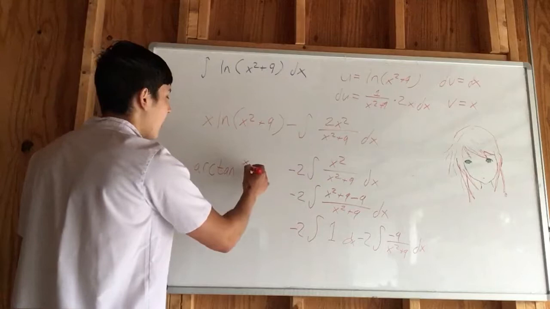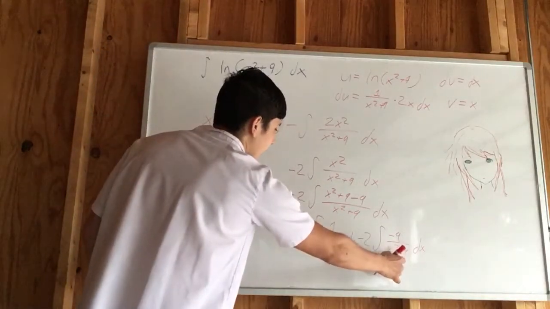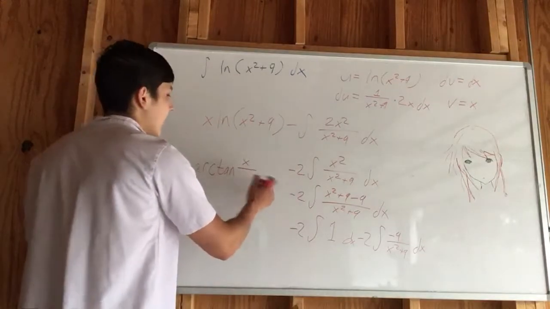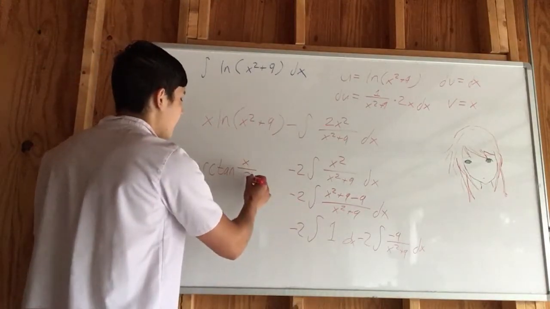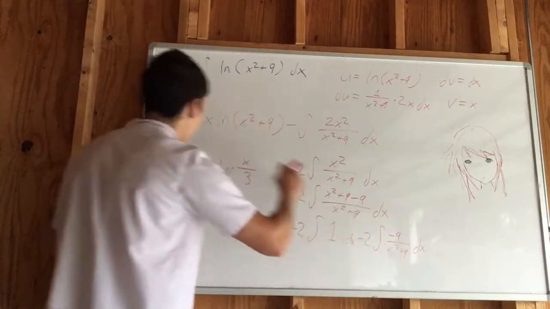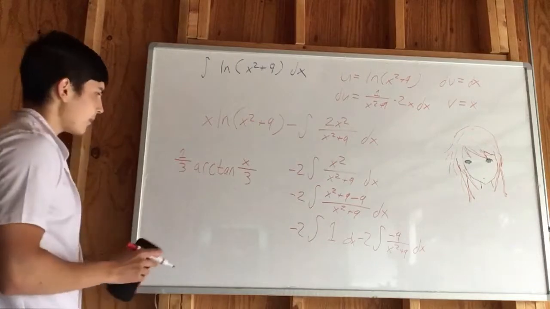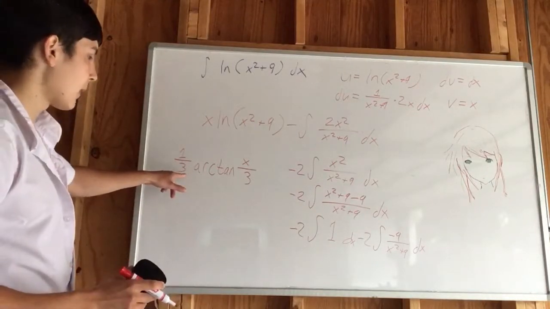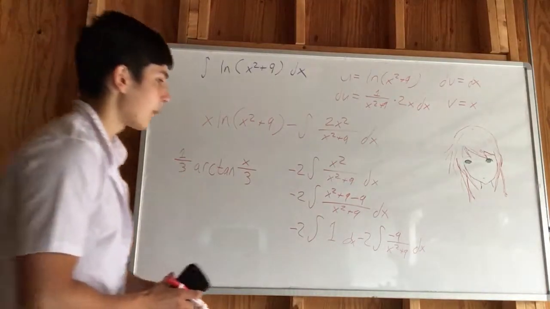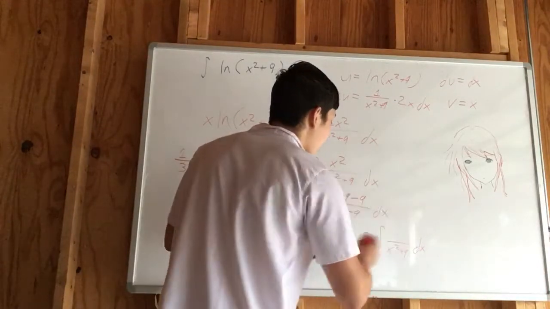Arctangent of x over the square root of whatever you have here. In this case, we have 9. So that's going to be 3. And you also have it under 1 here, like this.